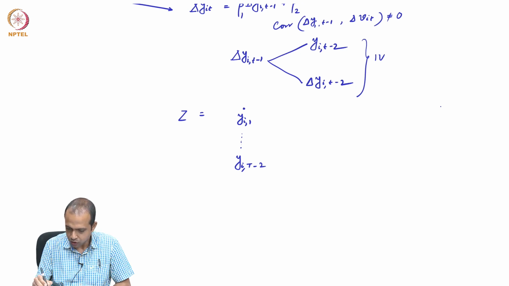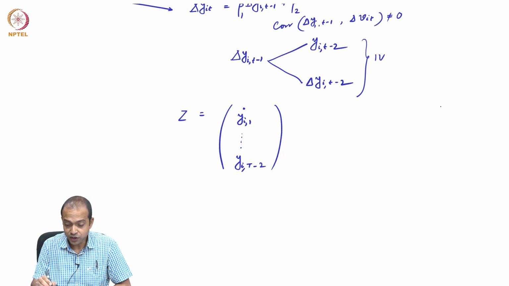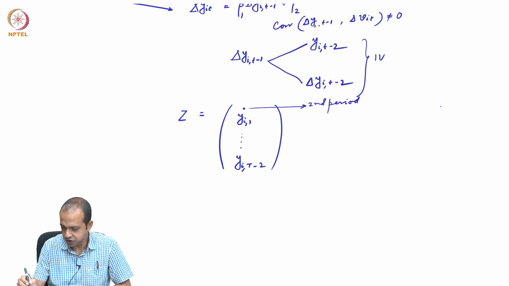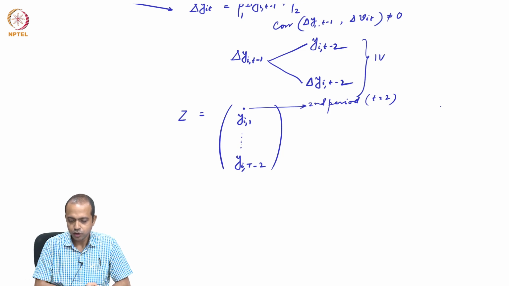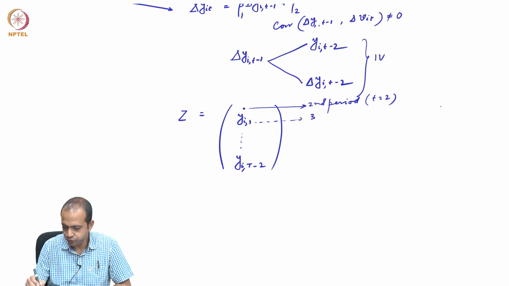The first row is t equals to 2, then t equals to 3, up to the capital T-th period.